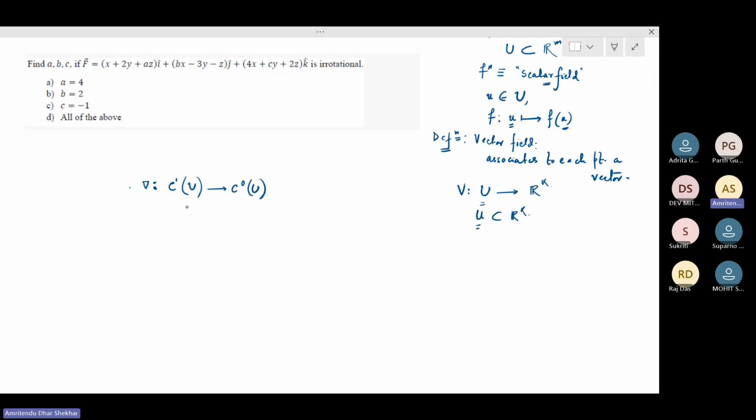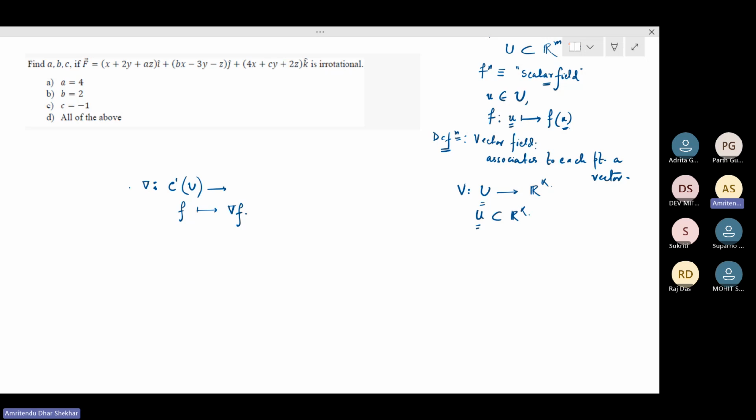So it will take a function f, and it will basically give you another function which is called grad of f. But it's not a function necessarily. It'll actually give you a vector field. Okay. So this is not a map from C1(U) to C0(U). In fact, this is actually a map from C1(U) to the set of vector fields over U.